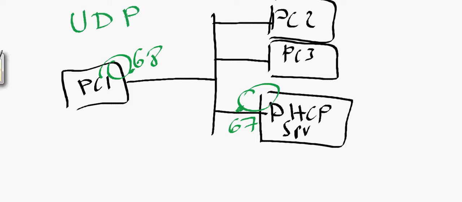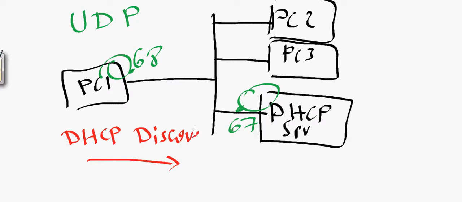Now, what happens in fact? The first thing PC1 will do is send a DHCP Discover message, a packet of type DHCP Discover. And this packet is broadcast to everybody.